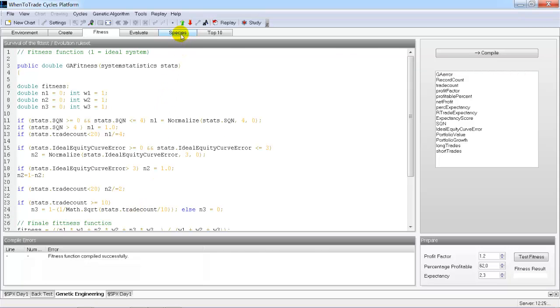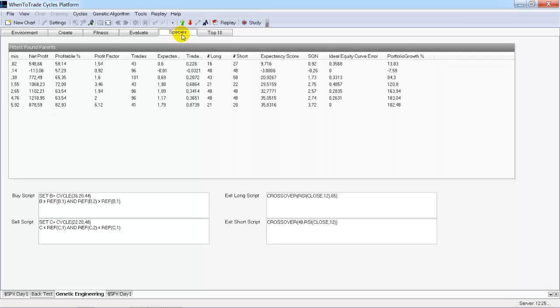And just to see how the genetic algorithm works, I stopped the algorithm about 4 or 5 minutes after running it. So keep in mind, we calculated that we would need 23 years to calculate each of the 7 billion possible systems.